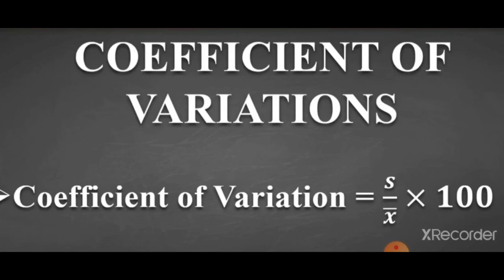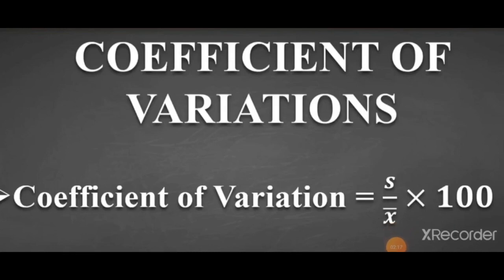A group of observations which has a smaller value of coefficient of variation is said to be more stable and having less dispersion. Such a sequence is also said to be consistent from the point of view of variability. A sequence of observations which has a larger value of coefficient of variation is said to be less stable and having more dispersion.